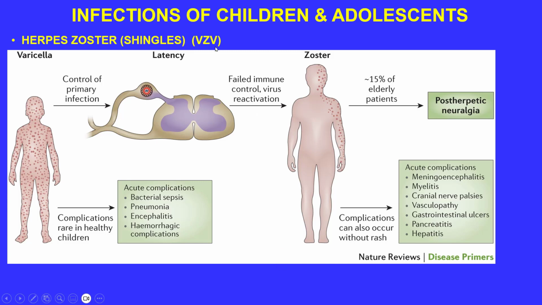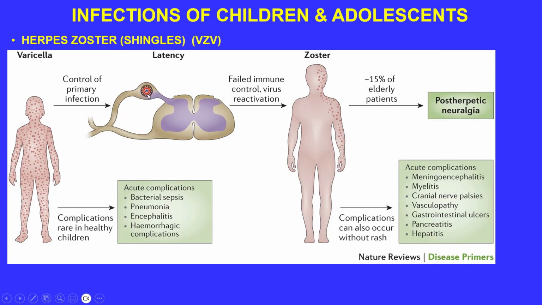When we look at herpes zoster virus, here we have the varicella, and these are rare complications for children, for healthy children: bacterial sepsis, pneumonia, encephalitis, hemorrhagic complications. For the most part, they get the herpes zoster and the control of the primary infection.